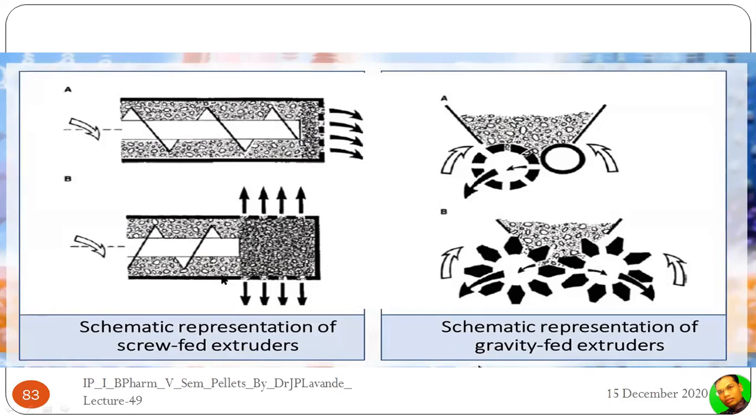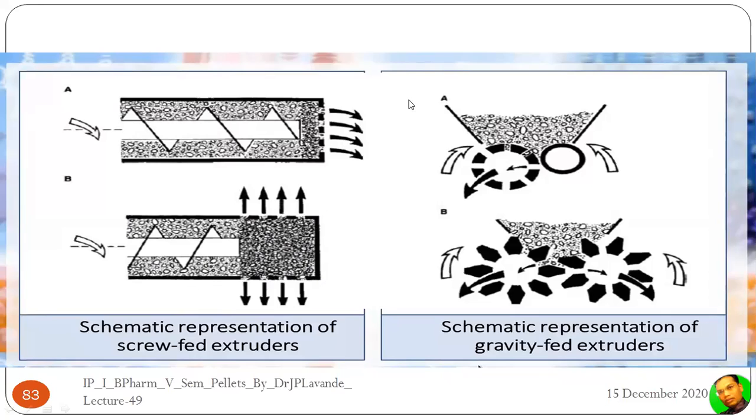Same as in the second modification, this is B, where you are going to find the spheres come out from both the directions, right? So that is the screw fed extruder, and this jacket is responsible for maintaining the temperature.